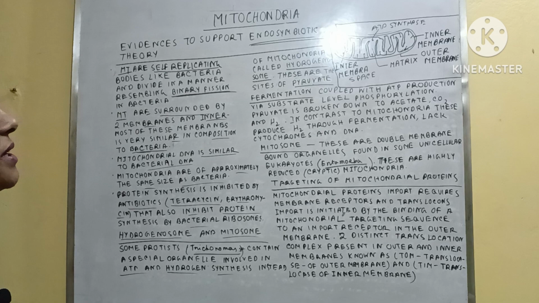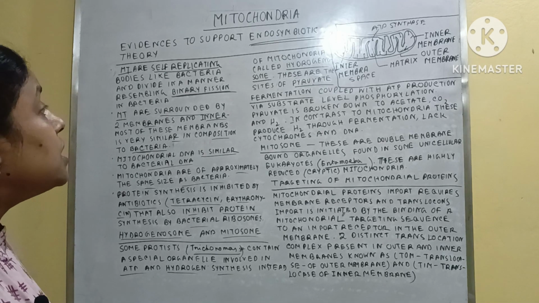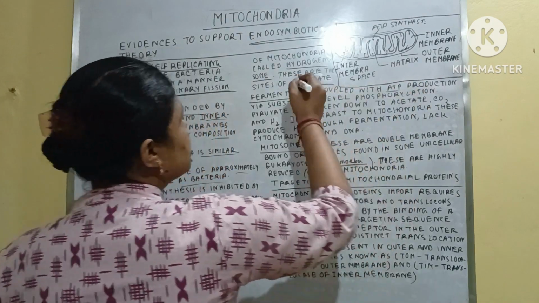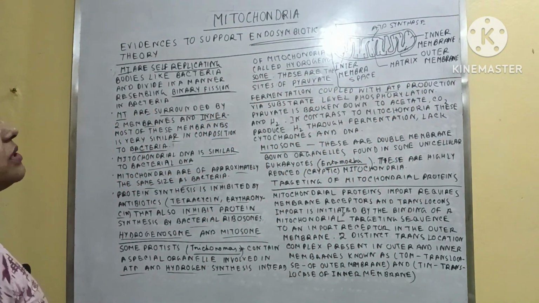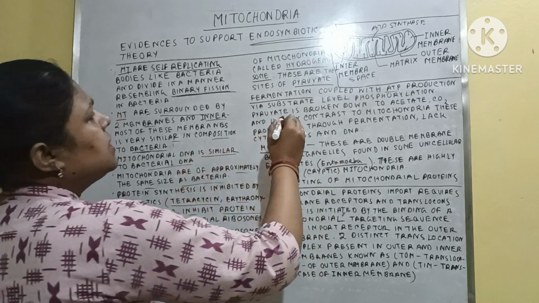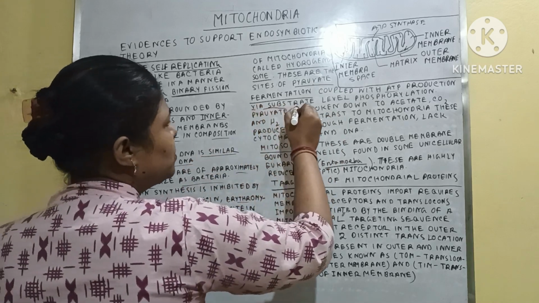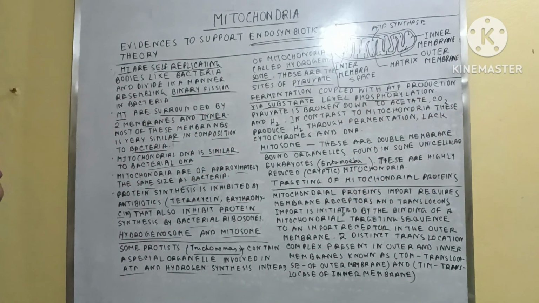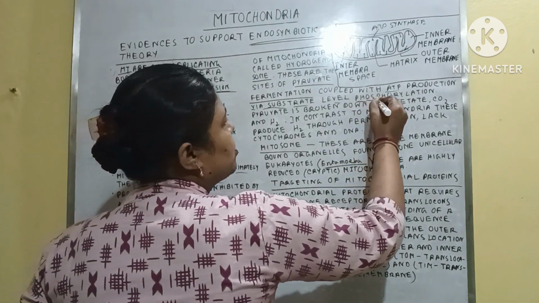ATP is also produced in this pyruvate fermentation, and the process occurs through substrate level phosphorylation. So pyruvate fermentation is seen here, and ATP is produced through the phosphorylation process.